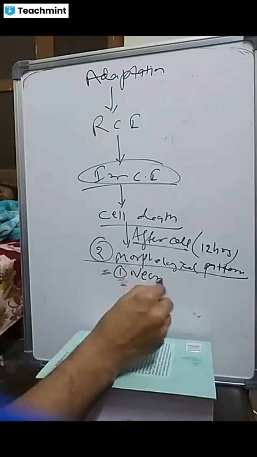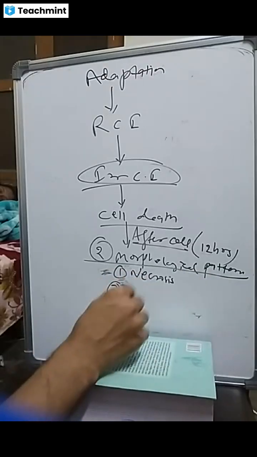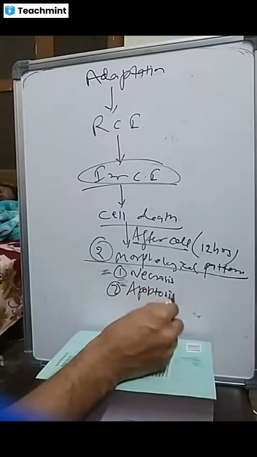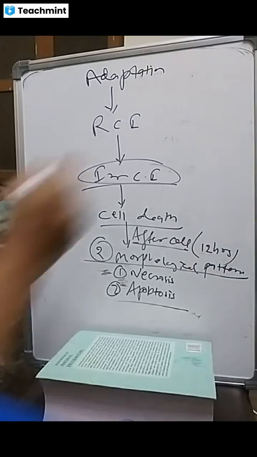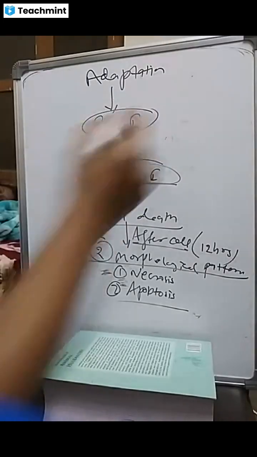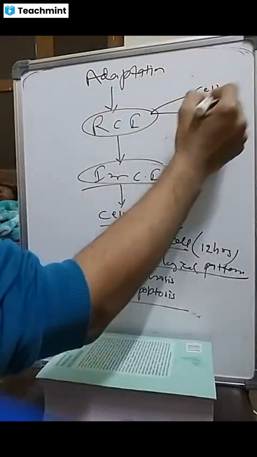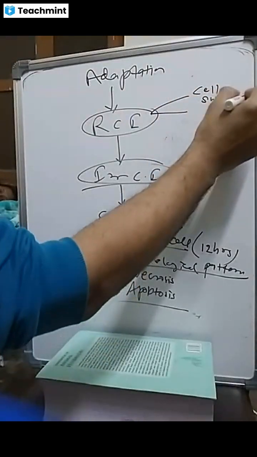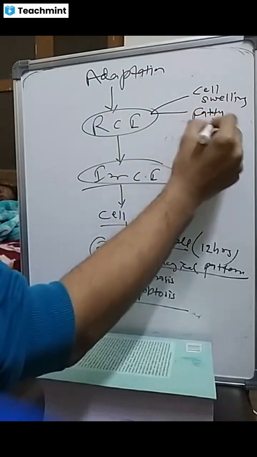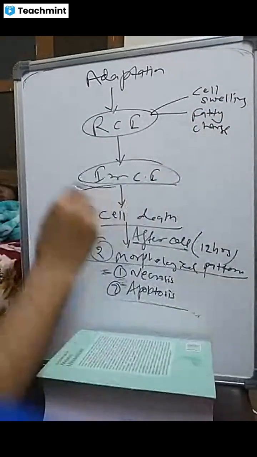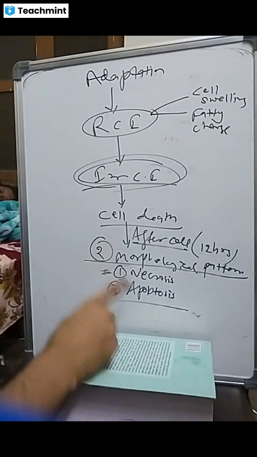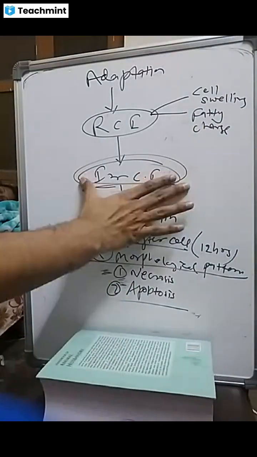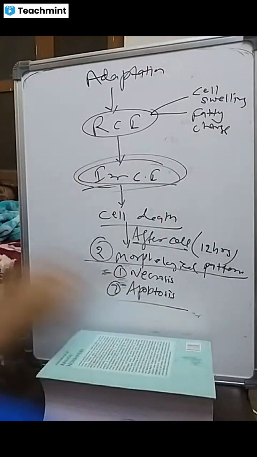One is necrosis, the other is apoptosis. What are the patterns seen in reversible injury? It was cell swelling and fatty change. What are the patterns after irreversible cell injury? Necrosis and apoptosis.